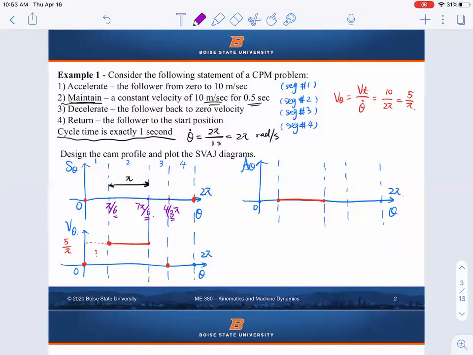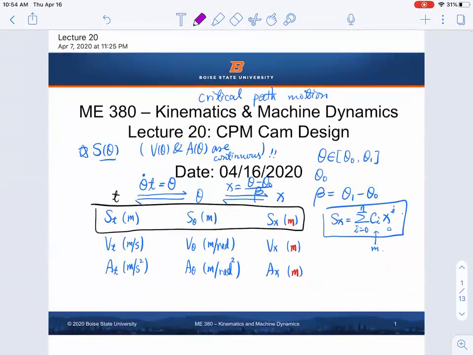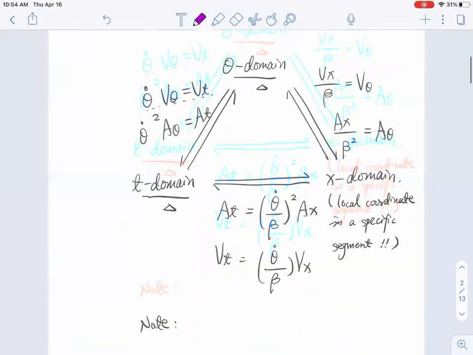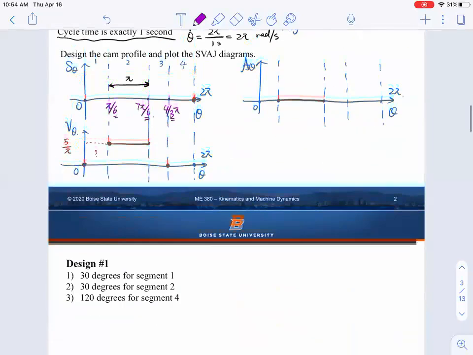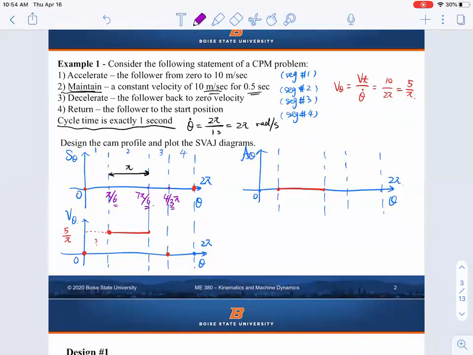In practice, as I said before, if we go back to the very beginning, I mentioned that we only care about one design requirement, which means your V and A should be continuous. But in practice, we also want to reduce the amplitude of your A. So once you have this design, you might want to fine tune these purple values such that your A theta has the minimal amplitude.